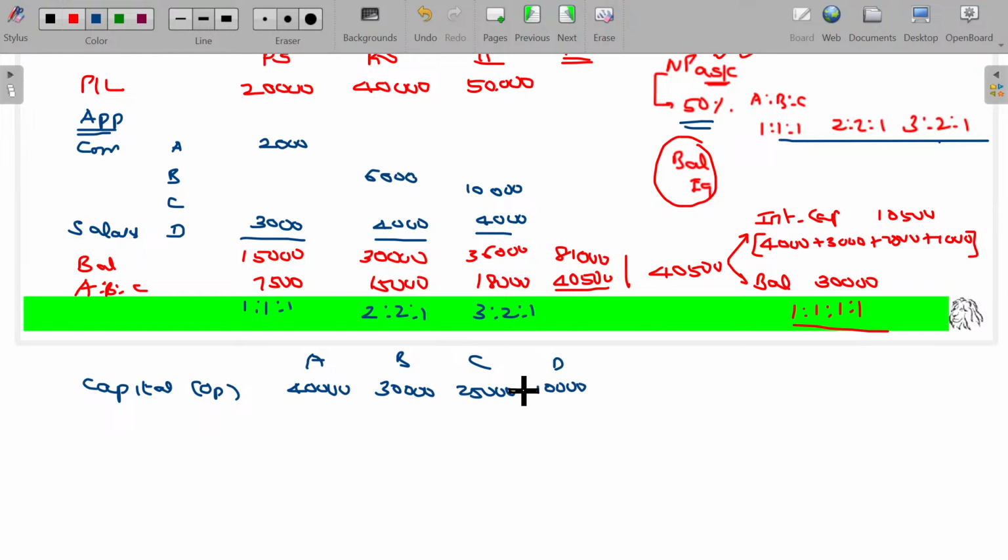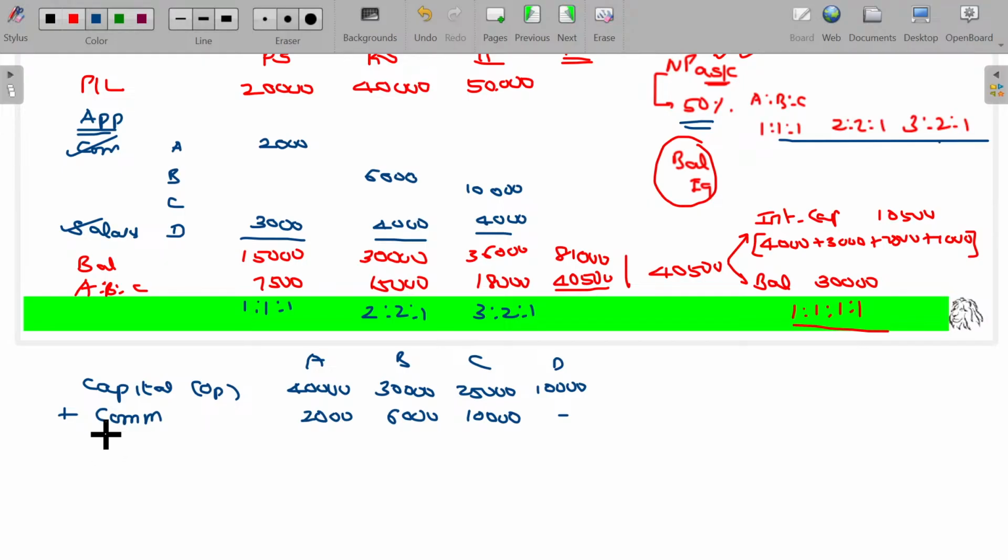Now what do they get? They get commission. A gets 2,000 commission, B gets 6,000 commission, C gets 10,000 commission, D gets nothing.